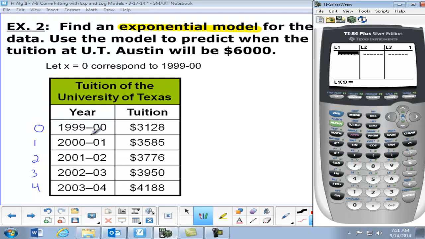And now list 1 is going to be your year, so you're just going to type those in: 0, 1, 2, 3, 4. And then list 2 is 31, 28, 35, 35.